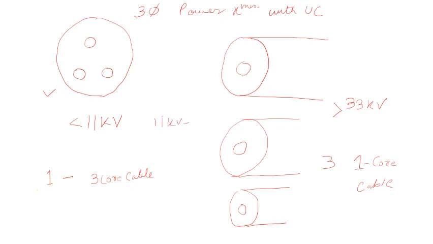It depends on the distance and on the area where you are transmitting this power. To decide between these two, we need to calculate the distance and the feasibility through equations, which tell us which is economical, a single three core cable or three single core cables.